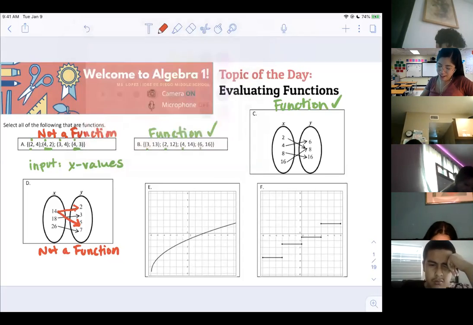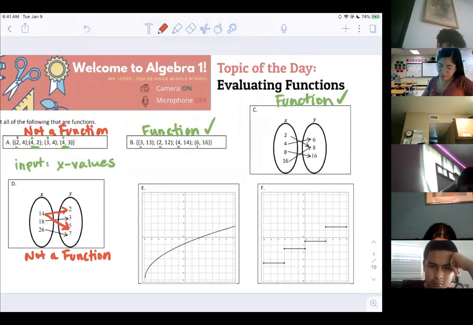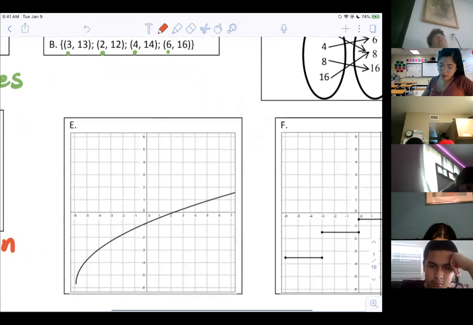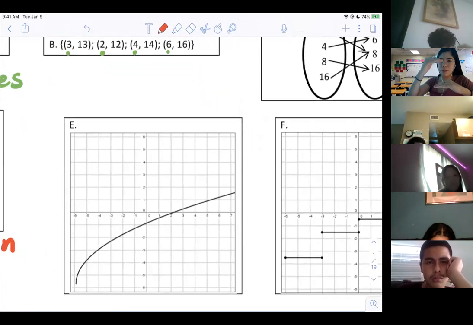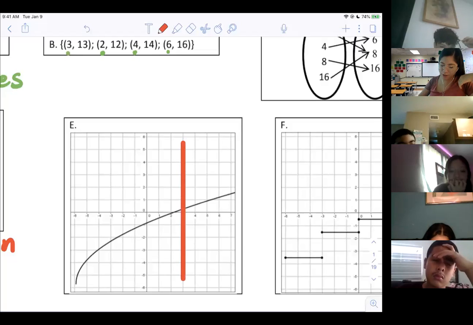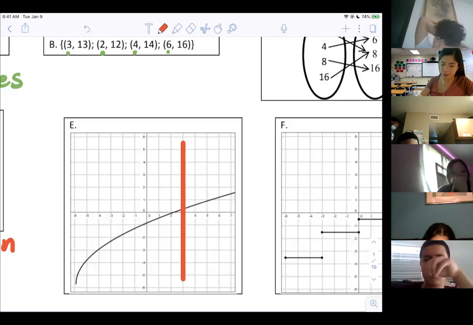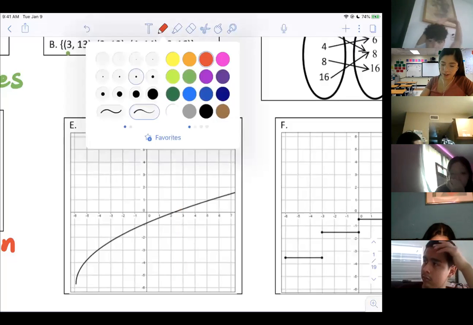So for my vertical line test, I'm going to zoom in. All you have to do is look through your graph and see if there's any point where the graph stacks up on top of each other. So for example, here I draw my vertical line and there's nothing that's stacking. It just crosses the line once. I'm going to do that again a couple of times.